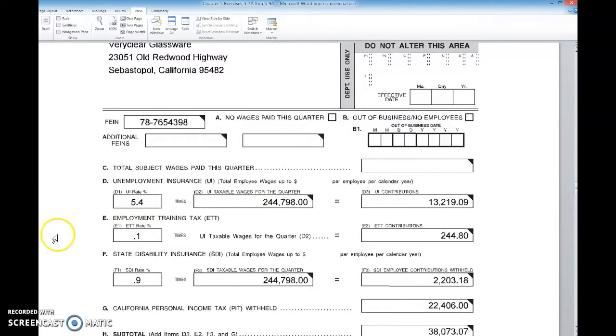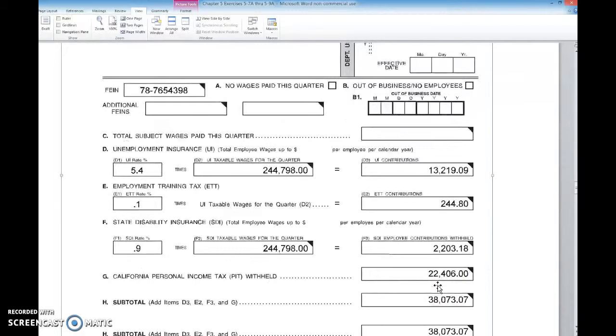In this state, there's an employment training tax, which is 0.1%, so 0.1% of the taxable wages is $244.80. The state disability insurance is 0.9%, multiply that by the taxable wages. So our state disability insurance is $2,203.18.